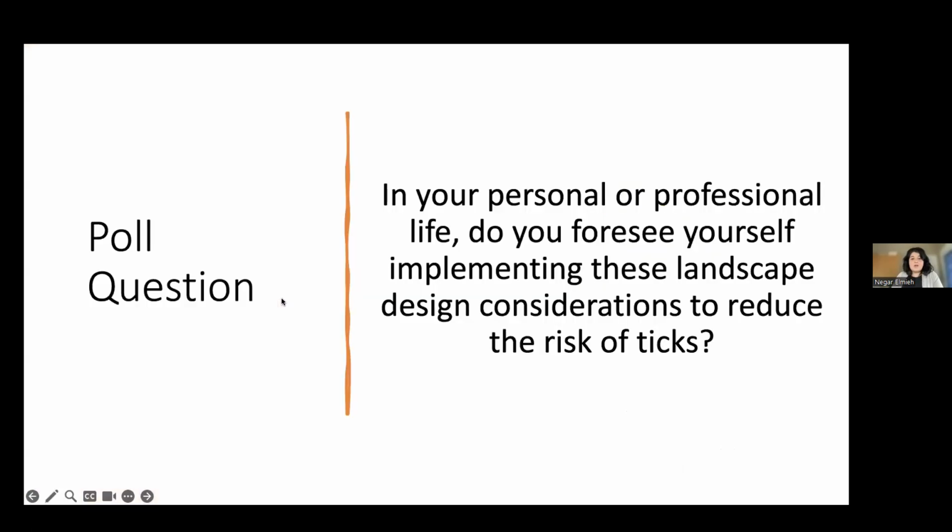So I'm going to ask you another question. In your personal or professional life, do you foresee yourself implementing the design considerations to reduce the risk of ticks? Wonderful.